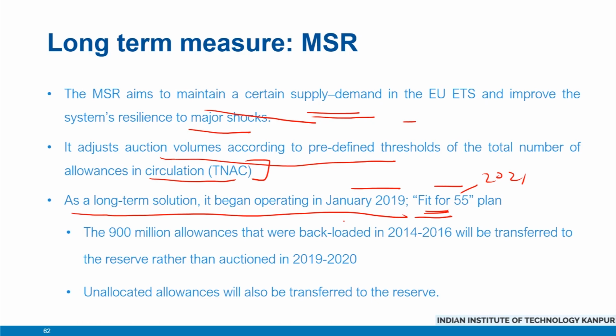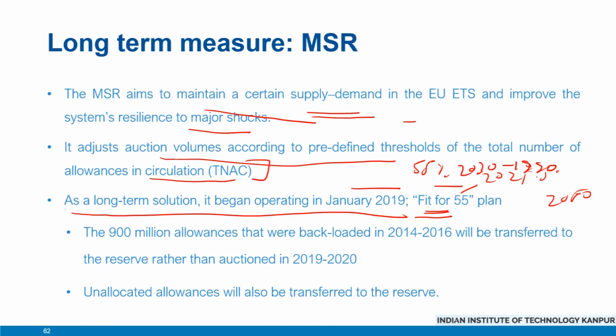So this Fit for 55 package aims to enable the EU to reduce its greenhouse gas emissions by at least 55% by 2030 compared to 1990 levels, and then achieve climate neutrality by 2050. So one target for 2030 and one target for 2050.